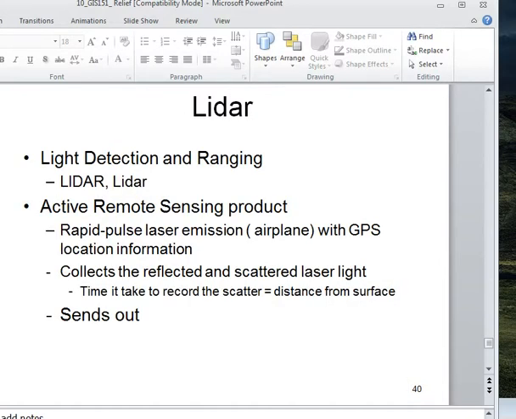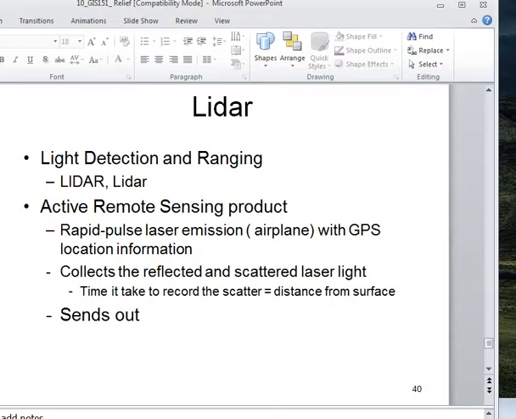The new thing right now is LIDAR, which is amazingly detailed. LIDAR stands for Light Detection and Ranging, and this is created by a remote sensing product, some kind of machine that sends out a laser pulse, and it collects millions of data points in minutes.